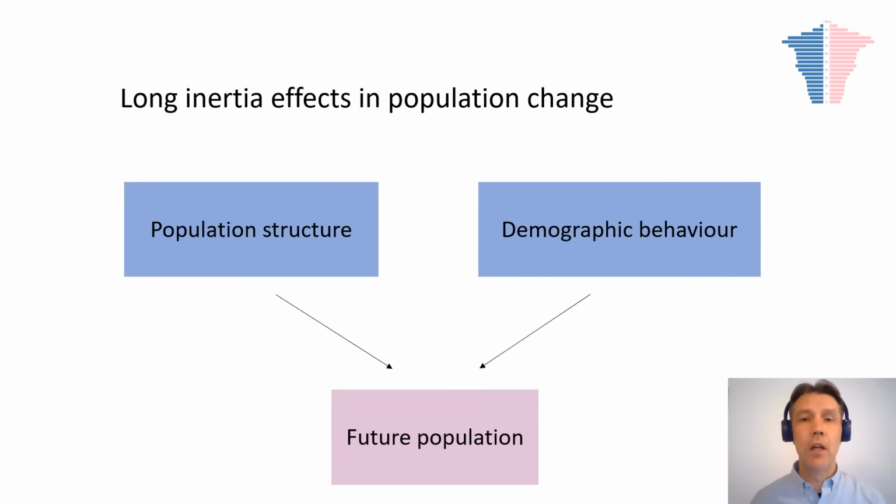Demographic behavior, for example, the number of children each household wants to have, is only one element that predicts future population, but the other is population structure, or the number of people who are in the family ages. So these factors together predict the size of the future population.